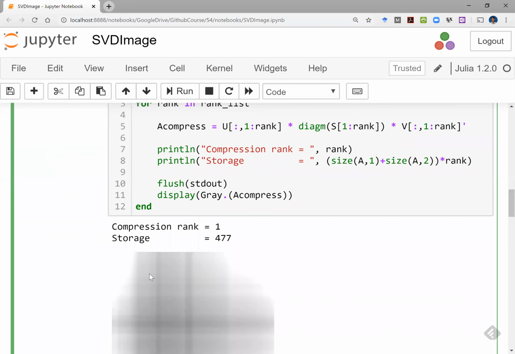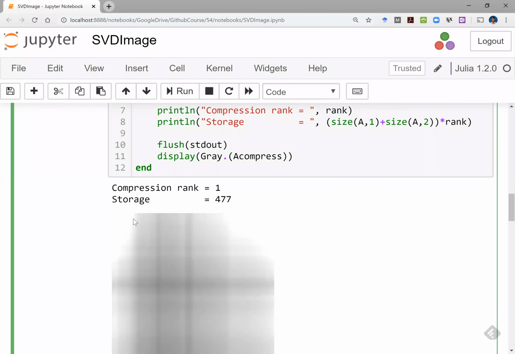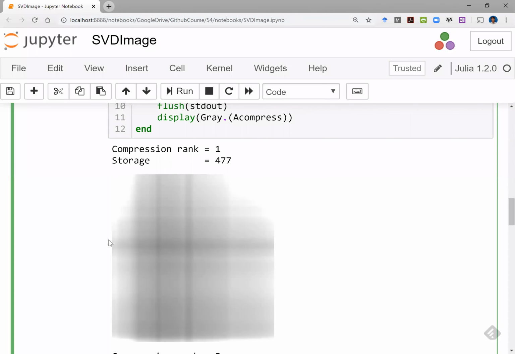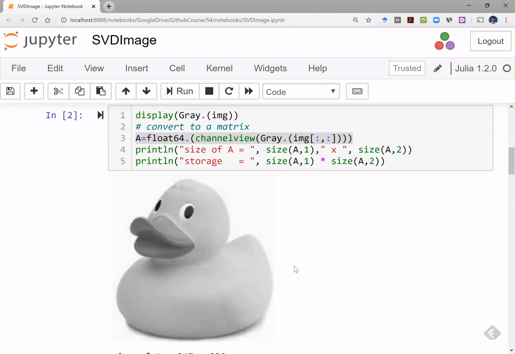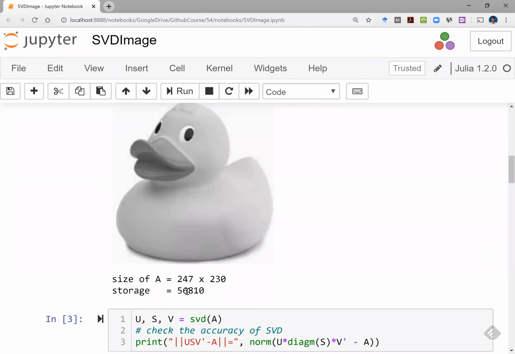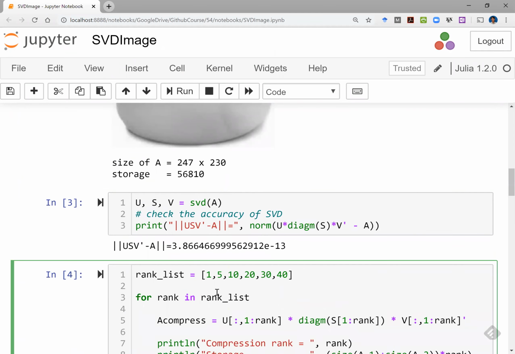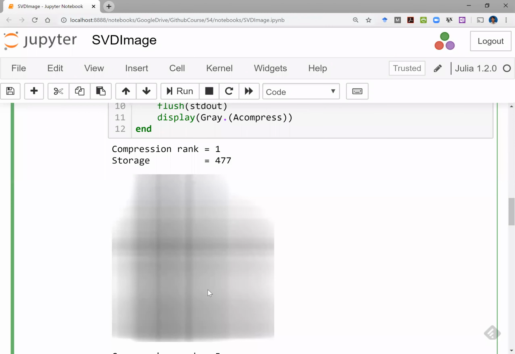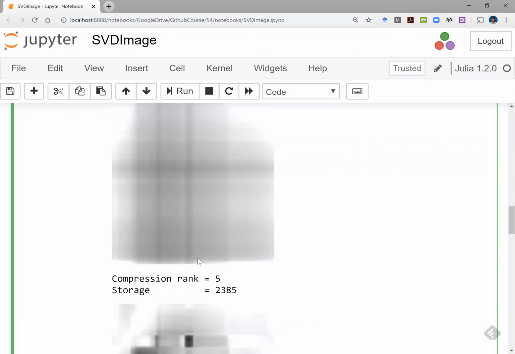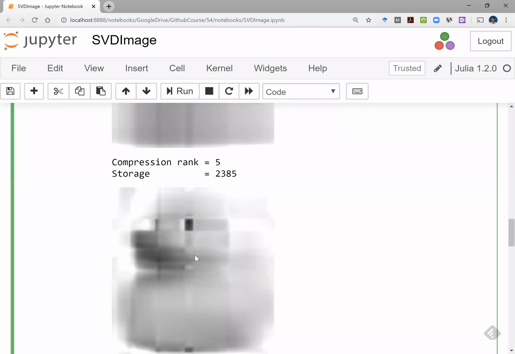Remember, this is just a rank 1 matrix, no matter whether you look along the rows or along the columns. So you just see roughly a blob of things here, right? The total storage cost was 50K. Now I only used 400 numbers, just to see a blob of things. Now I gradually increase the rank.